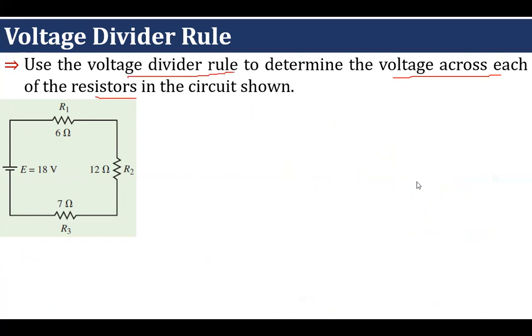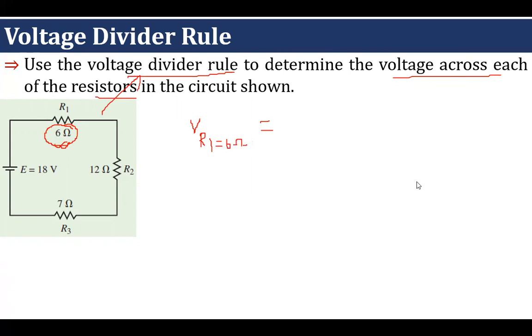Firstly we are going to find the voltage across this 6 ohm resistor. So the voltage across this R1 resistor of 6 ohm value, since all the resistors are connected in series, we can easily apply this voltage divider rule.